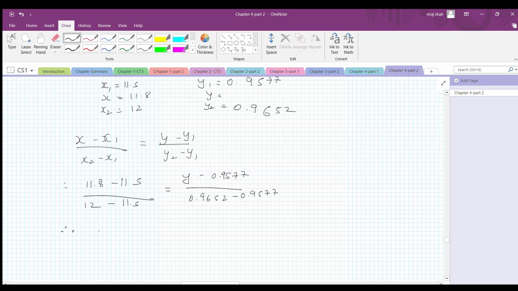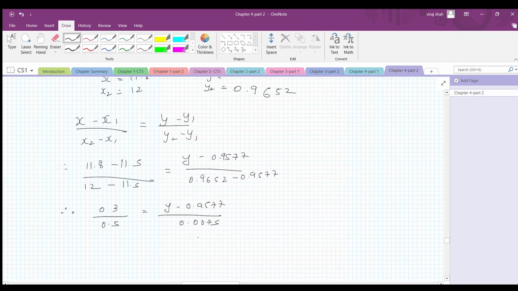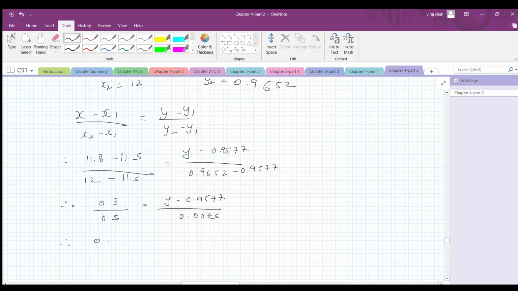Solving this ahead, 11.8 minus 11.5 is 0.3. 12 minus 11.5 is 0.5. Y minus 0.9577. 0.9652 minus 0.9577 is nothing but 0.0075. So 0.3 upon 0.5 into 0.0075 is equal to y minus 0.9577, right?